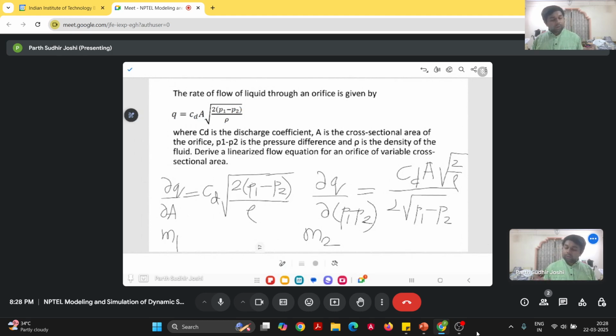So let us assume that this coefficient of discharge CD is constant, and also let us assume that the fluid is incompressible, so the density will also be constant. So we can write this flow equation as some constant C into A into root of P1 minus P2.